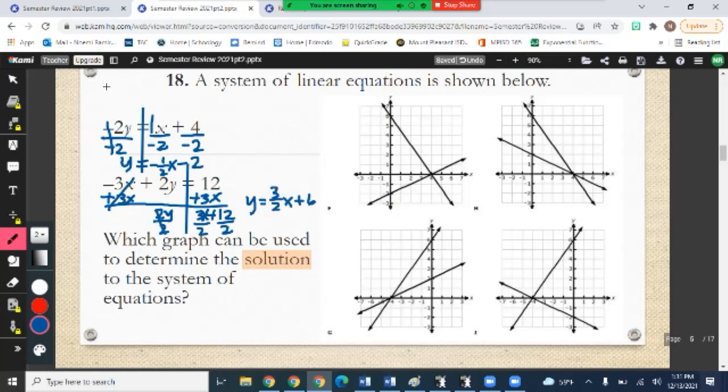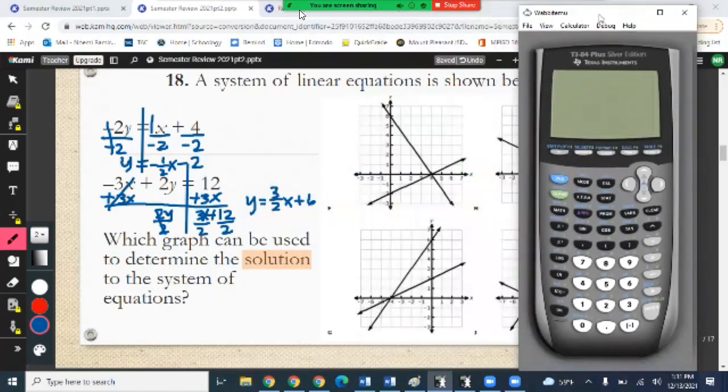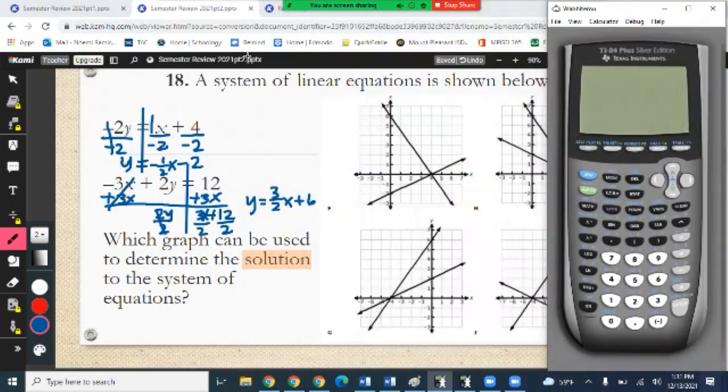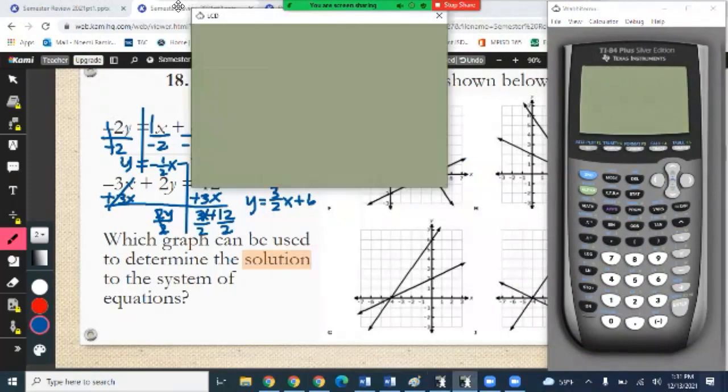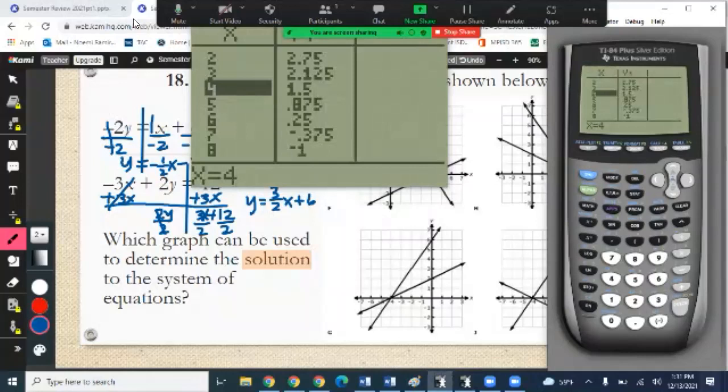Okay. Now, how do I find the point of intersection with those? Let's say we didn't have a graph to look at. How would I find the point of intersection? You can put both of these equations, solved for y, into y equals. Go to y equals and type in your equations.